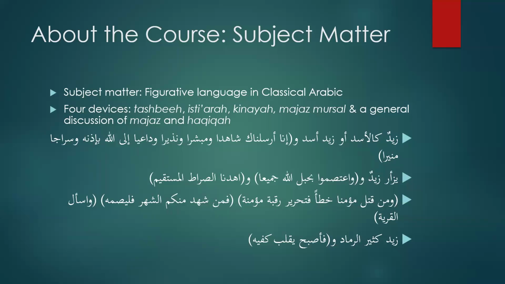But in the case of isti'ara, the relationship is one of comparison. In the case of majaz mursal, it's not two things that are being compared, but rather two things between which there is some other kind of relationship in space, time, cause and effect, etc. But it isn't a relationship of comparison.